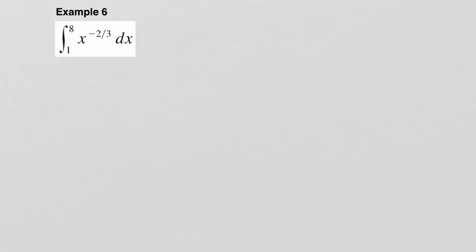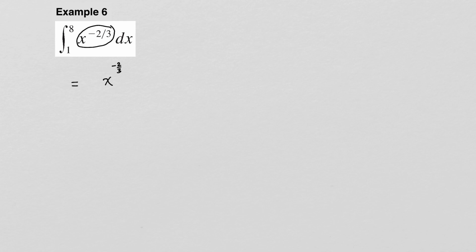The next problem is very similar to the previous one. Here we have the integral from 1 to 8, x to the negative 2/3 dx. So the first thing I need to do here is simply take the antiderivative of x to the negative 2/3. And again, we can do this by adding 1 to that power.